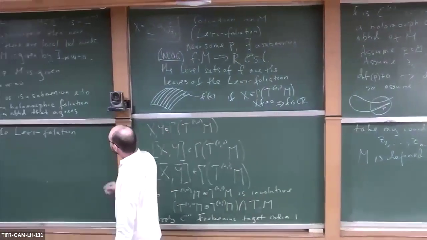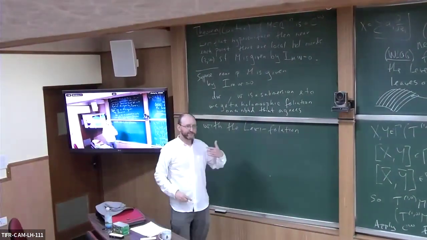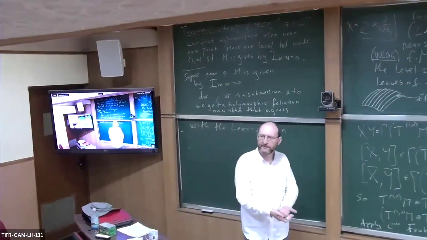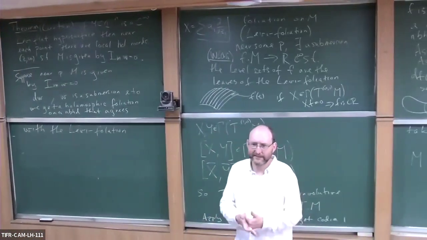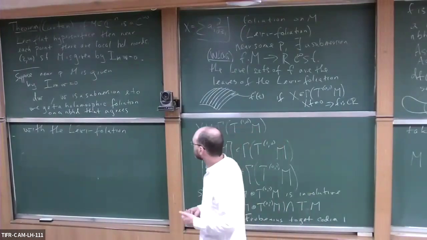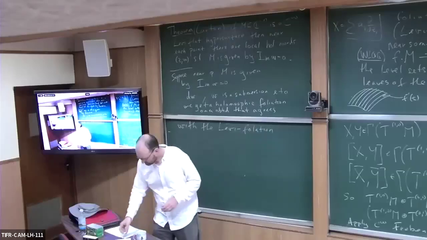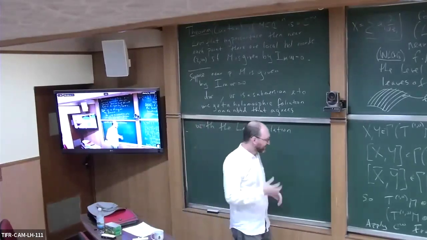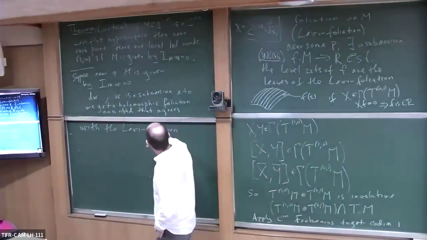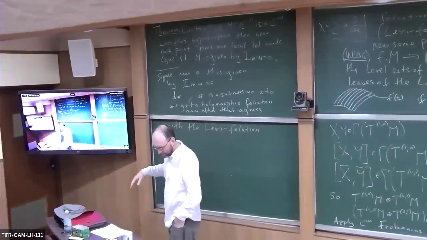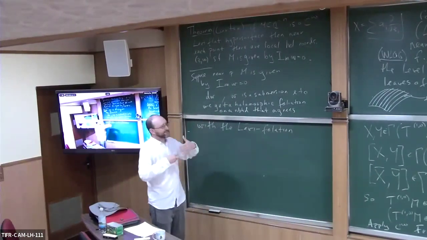So we have a holomorphic foliation like this, and the thing is that the foliation is unique. It doesn't extend in two different ways. Think about it as a one form.